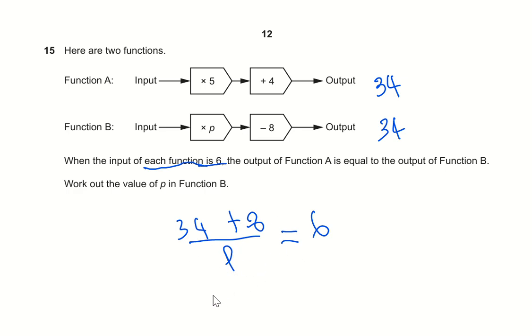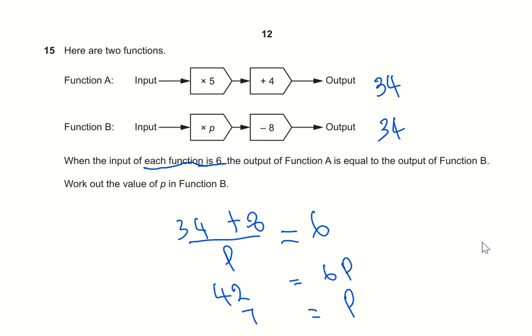34 add 8 is 42. 42 equals 6p. Now I need to find p, so I'm going to divide both sides by 6. 6p divided by 6 is p, and 42 divided by 6 is 7.